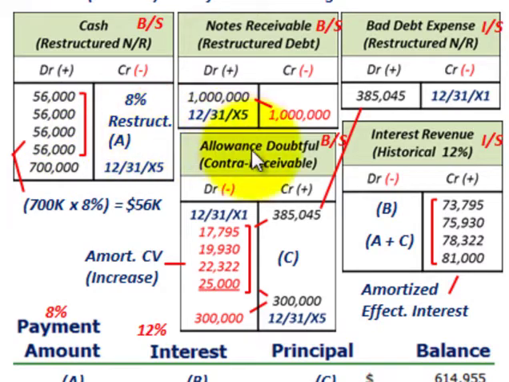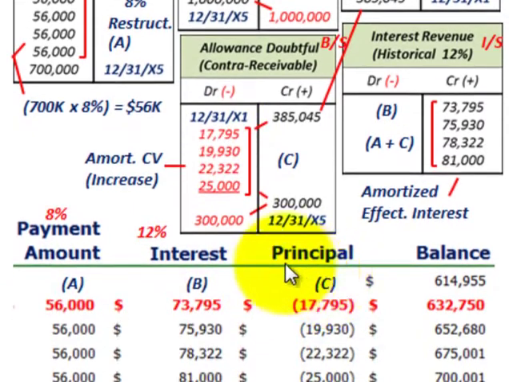We've got our debits to our cash account for $56,000, and we also got our debits or reduction on our allowance account by those amounts coming off that table. Our cash account came off the payment amount in the table, and then the increase in our principal came off the table too. So that's showing up here.